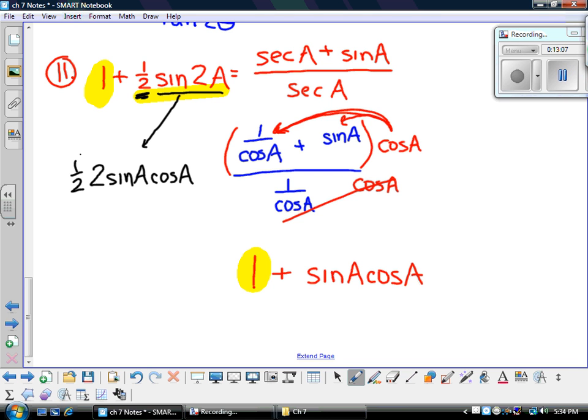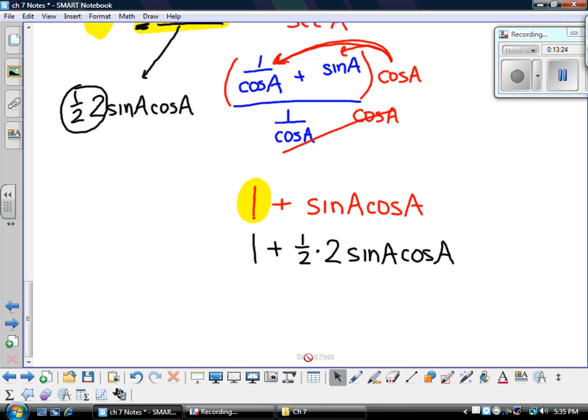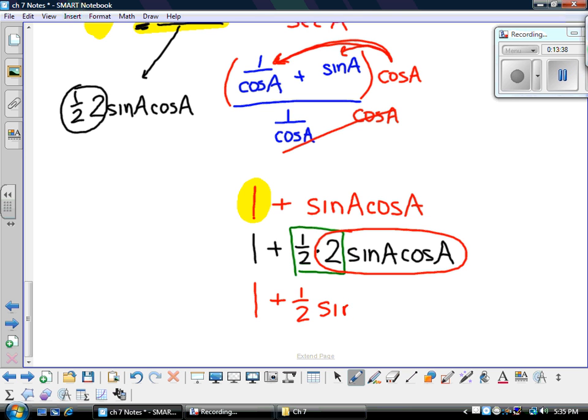Look at that, the 1/2 and the 2 would cancel, and I'd just be left with sine A cosine A. So the way I'm going to get here is I'm going to change this to 1 plus 1/2 times 2 times the sine A cosine A. Notice I didn't change its value, I just multiplied by 1. Now I can kind of regroup it and say this right here is the double angle formula for sine, and I'm all set.